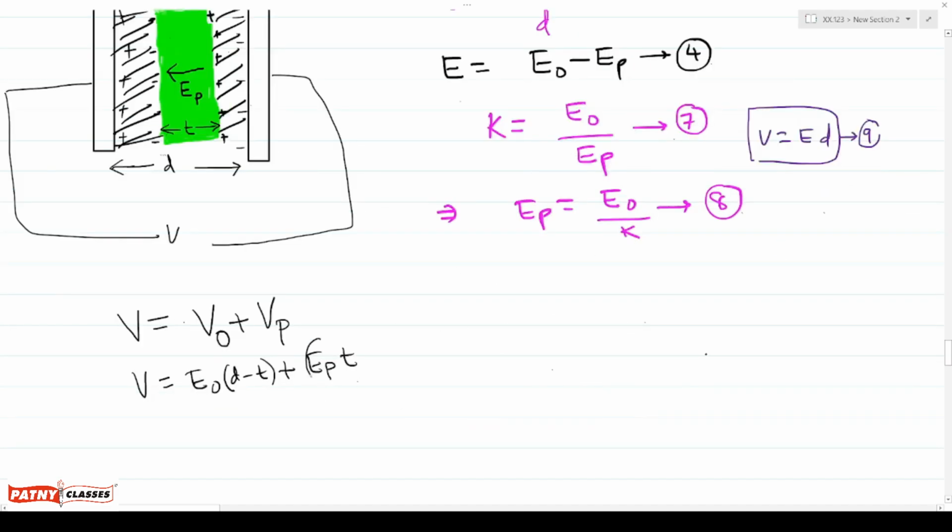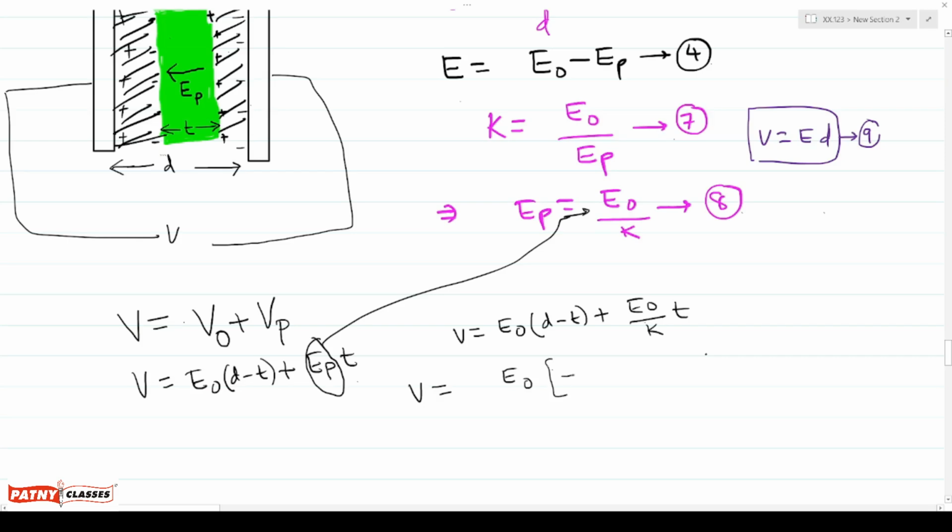But here is Ep, and this Ep is equivalent to E naught upon K. Therefore, V equals E naught into D minus T plus E naught upon K into T. So V equals E naught, taking common, D minus T plus T upon K. Call it equation number 10.